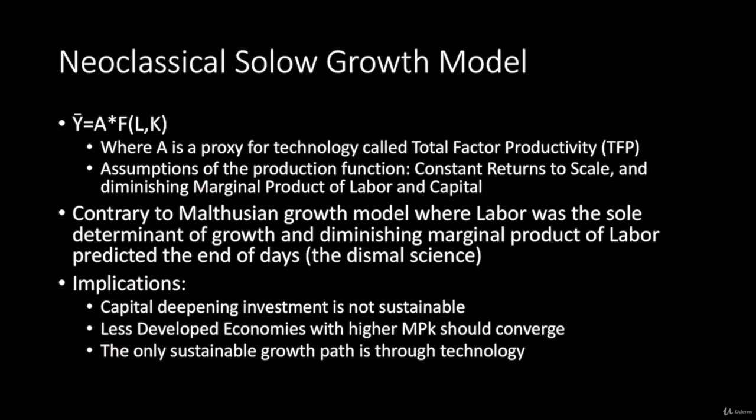So the neoclassical model implies that capital deepening, so having more K, is not sustainable. And less developed economies, because they have less capital, actually have a higher marginal productivity of capital than more developed countries, and therefore we should see a convergence of less developed economies towards more developed economies, this global convergence. And finally, the only way to sustain long-term growth is through technology.